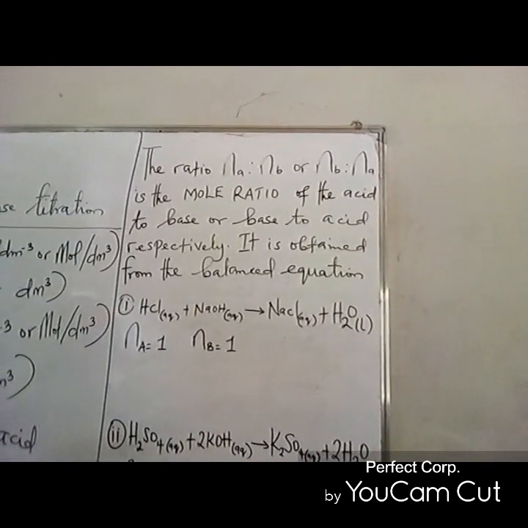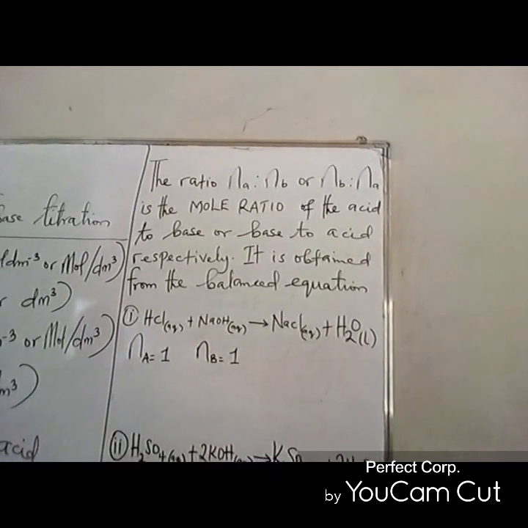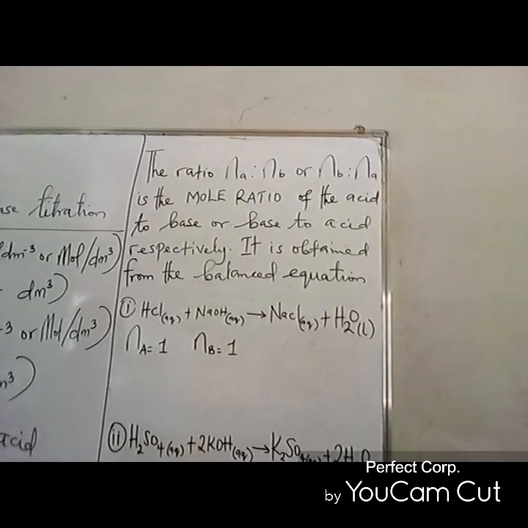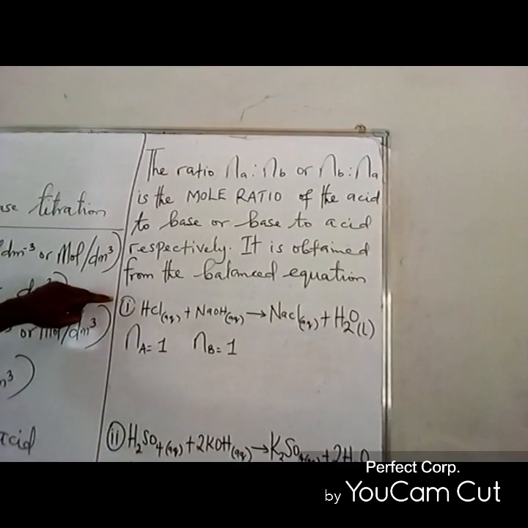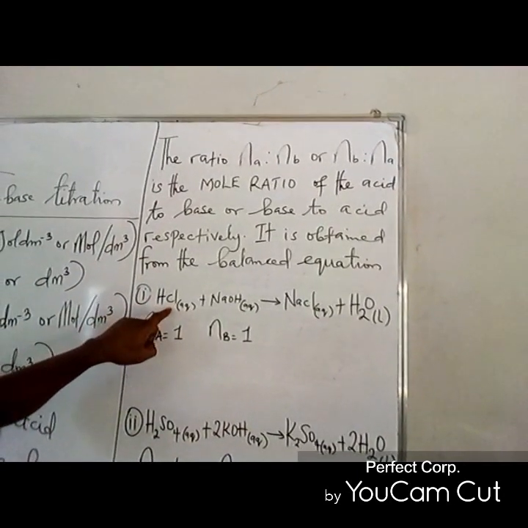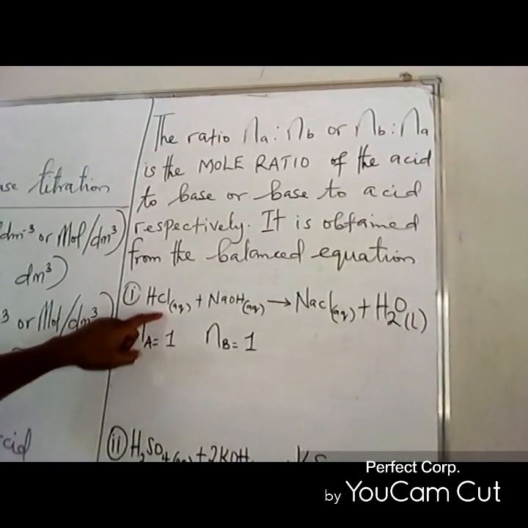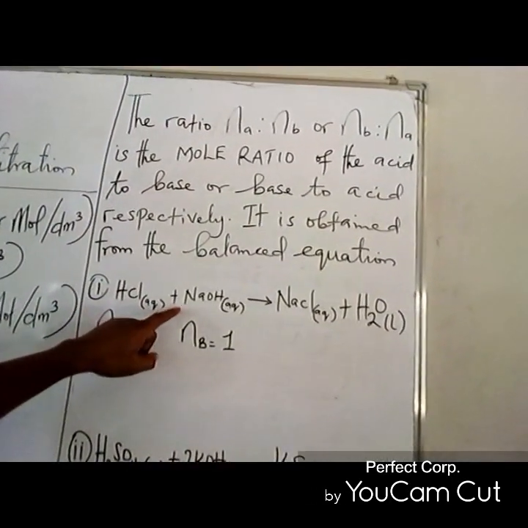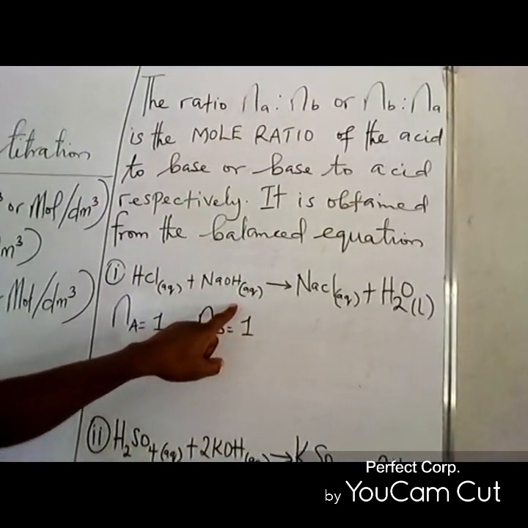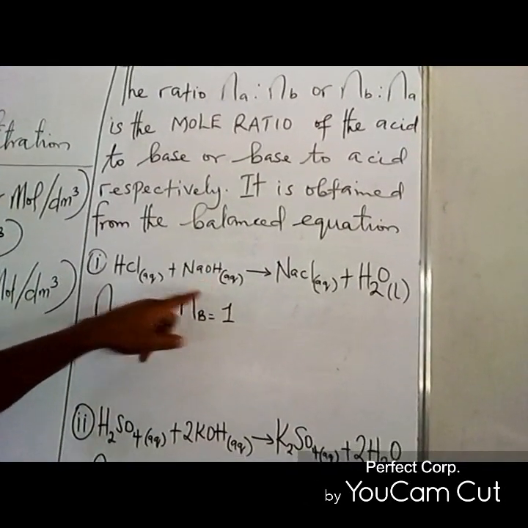And if you are given an equation, these 2 reagents will be evident in the equation. Like, for example, if you look at this example 1, hydrochloric acid, HCl. As a chemistry student, you are supposed to know that that is an acid, plus sodium hydroxide. Similarly, sodium hydroxide is a base.